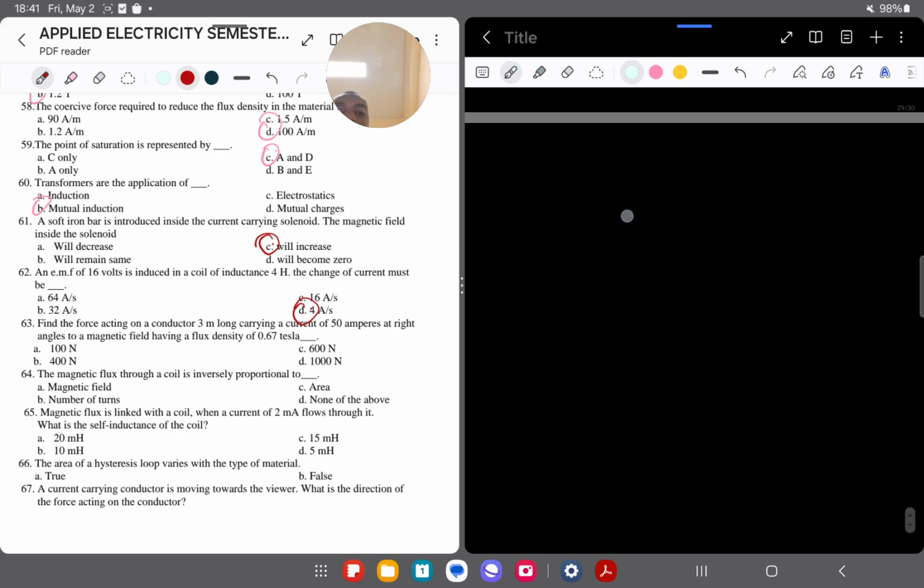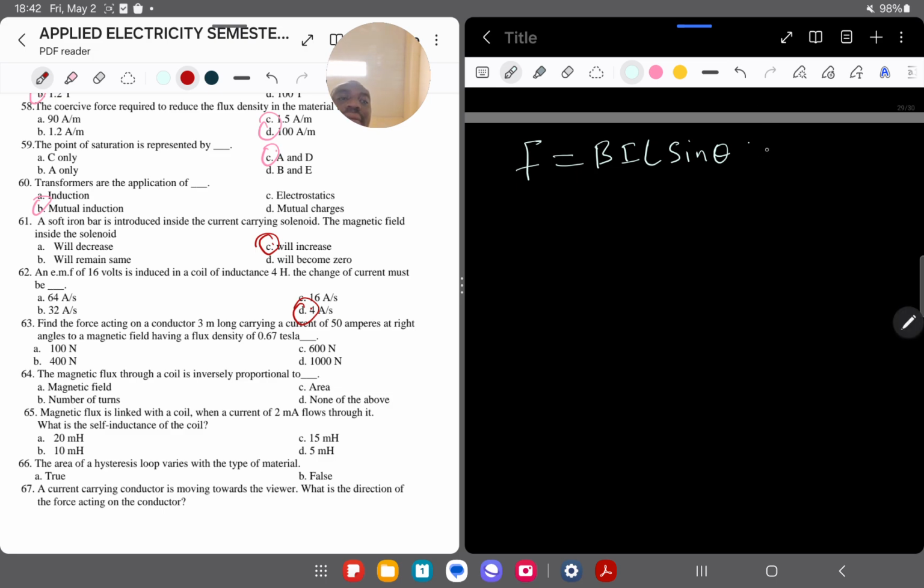So based on this, we can write the formula for the force that will be acting on the conductor inside the magnetic field. This one, you just have to remember the formula: force equals the magnetic flux density times current times the length of the conductor times sine theta.